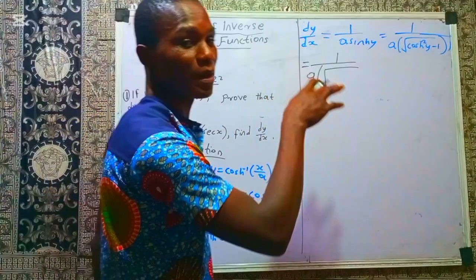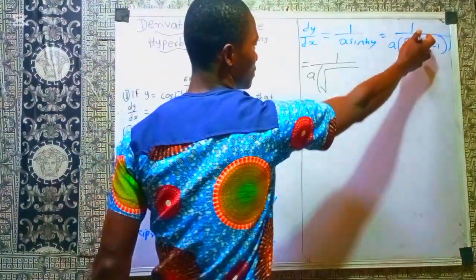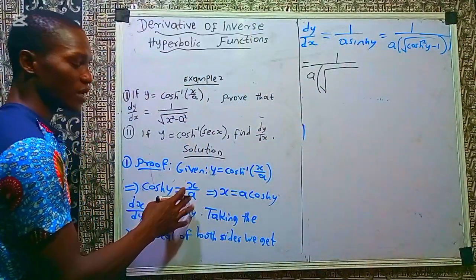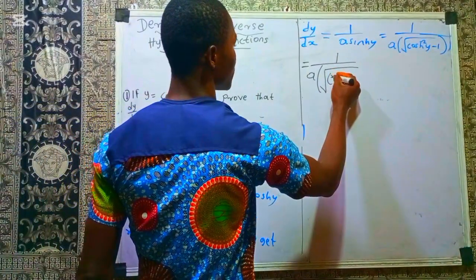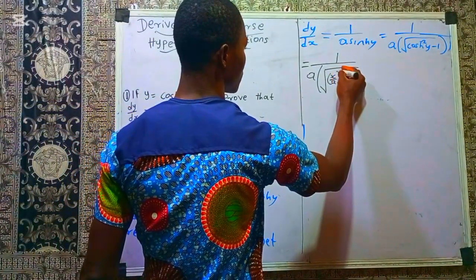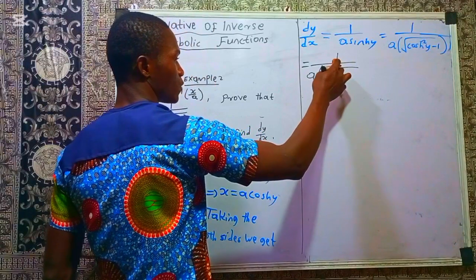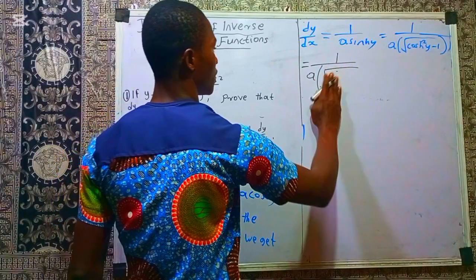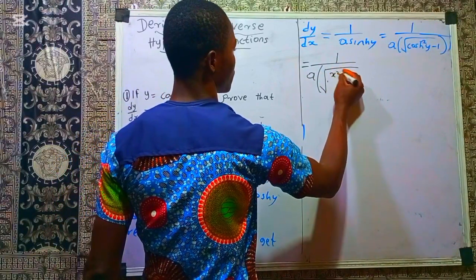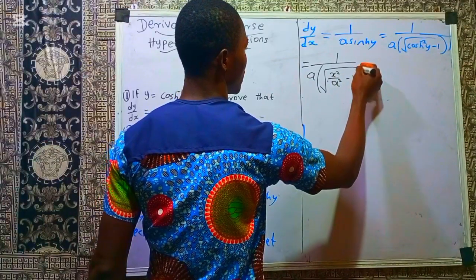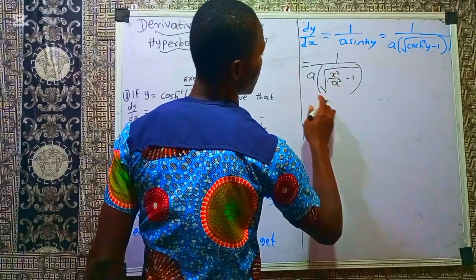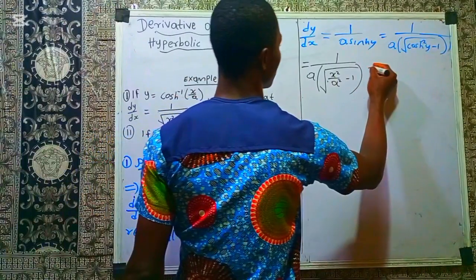But here we have hyperbolic cosine squared y, so it will be x over a all squared. If you do x over a all squared, you apply the square on x and on a, you now have x squared over a squared. So we have minus 1, right? Minus 1. So this will be equal to what?